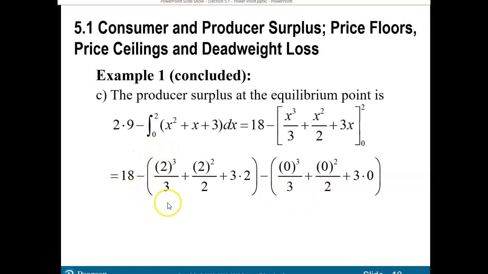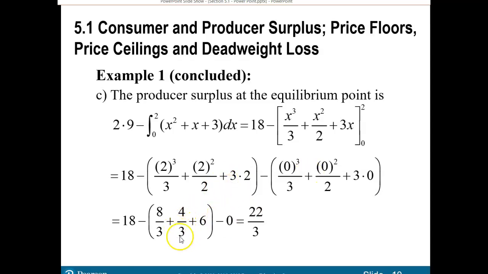Technically, you would really want to put a big bracket around all of this because of the negative sign in front, but this is all going to be 0 anyway, so it won't matter here, right? Because this is a 0, so otherwise you got 8 over 3 plus 4 over, that should be a 2 right here. They have a typo there.